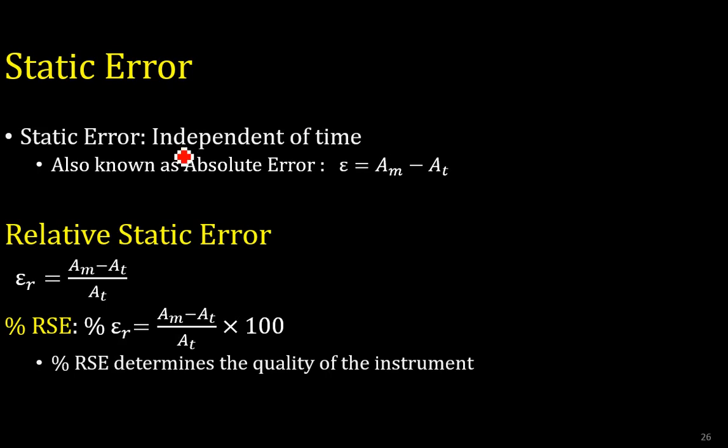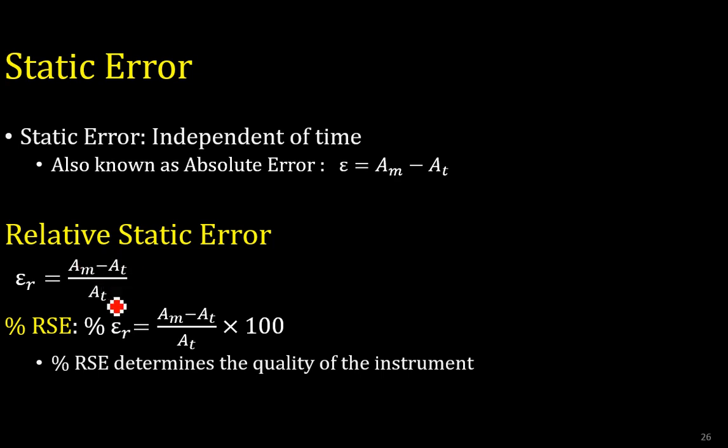Now, static error or absolute error is defined as measured value minus the true value. Again, this is independent of time. Whenever you measure, you will have some error in the measurement. Such a kind of error is known as a static error. And relative static error is measured with respect to the true value.